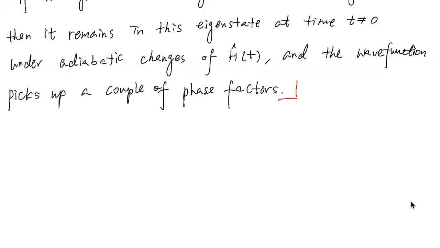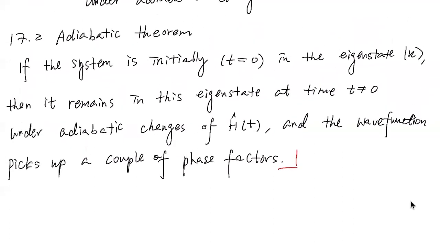The adiabatic theorem tells you that if you consider an adiabatic change of the Hamiltonian, then the system remains in its original eigenstate. If you consider the wave function at time t and at time 0, the difference is only a couple of phase factors.